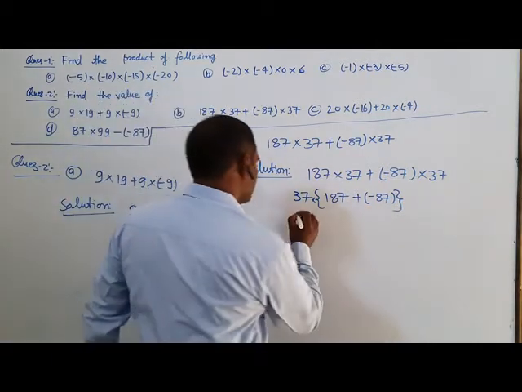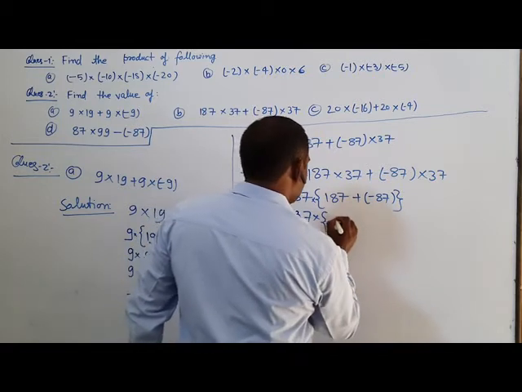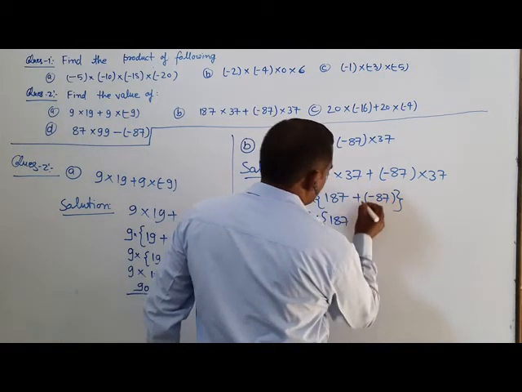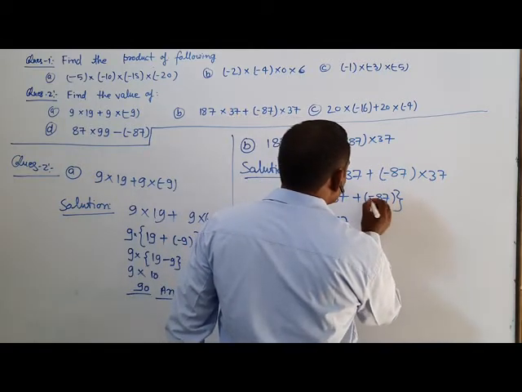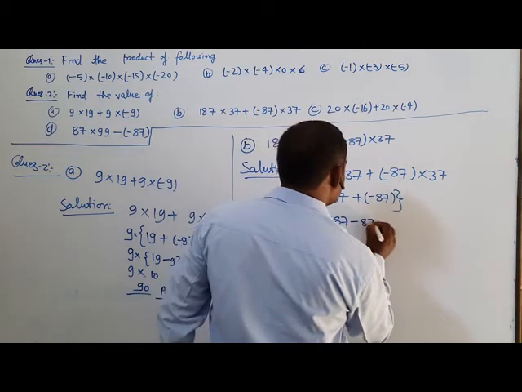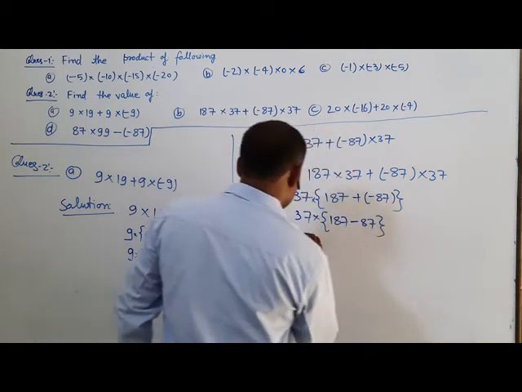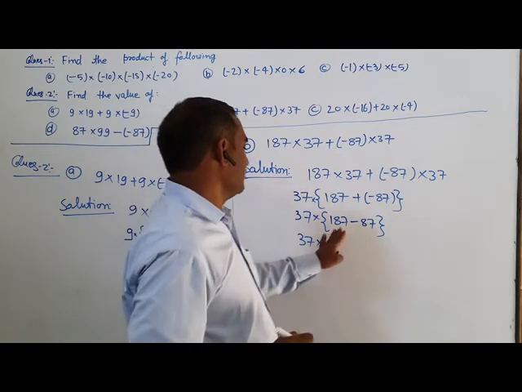So solve 37 into 187. When we open the bracket, we get minus because multiplication of opposite signs is negative, 87.